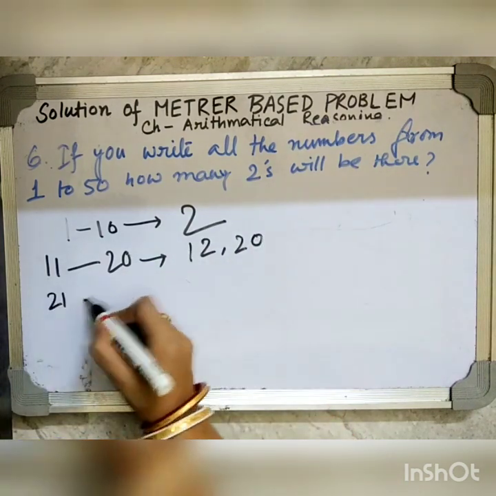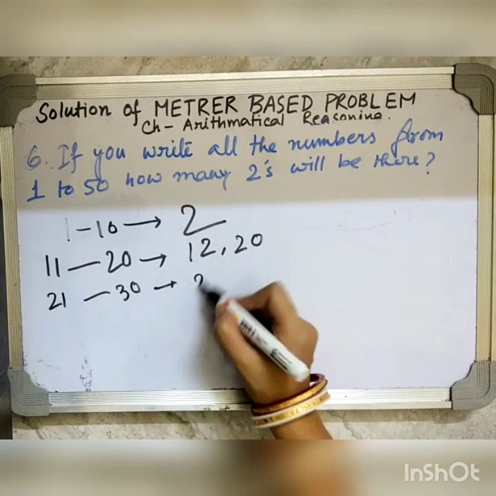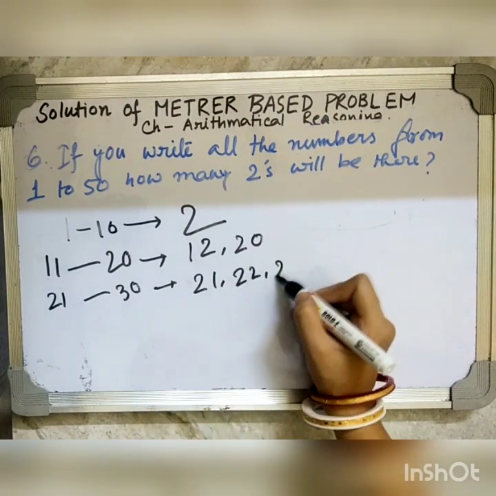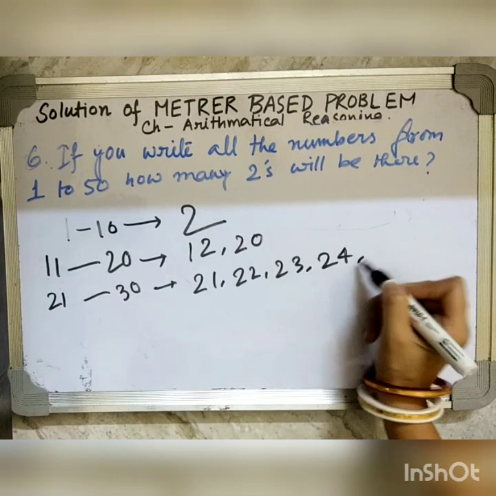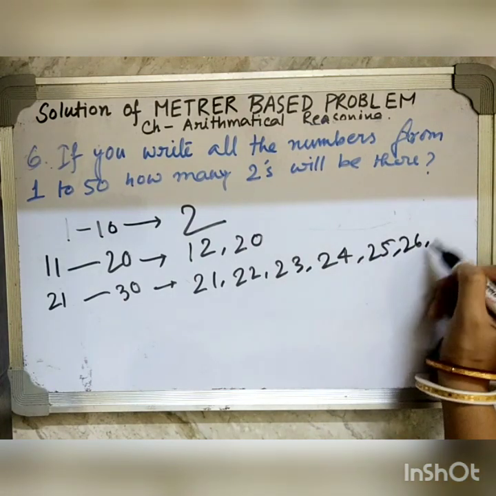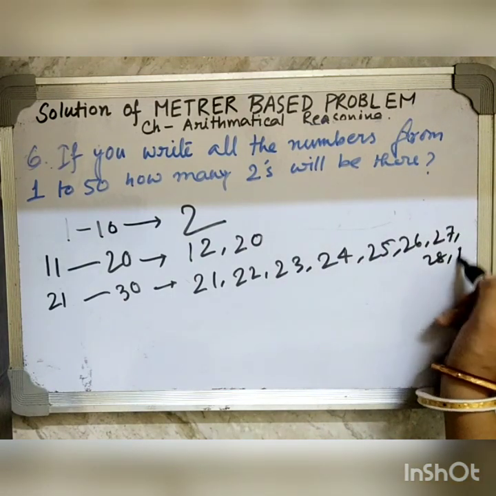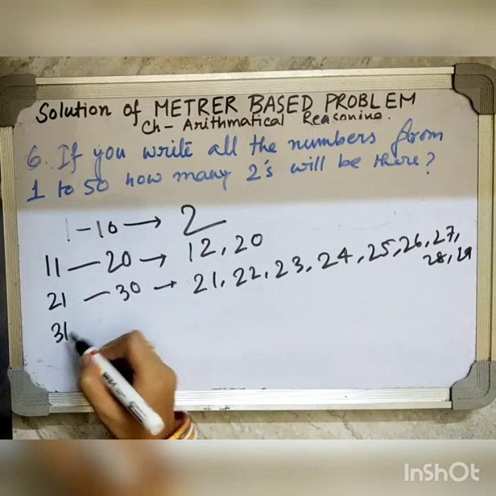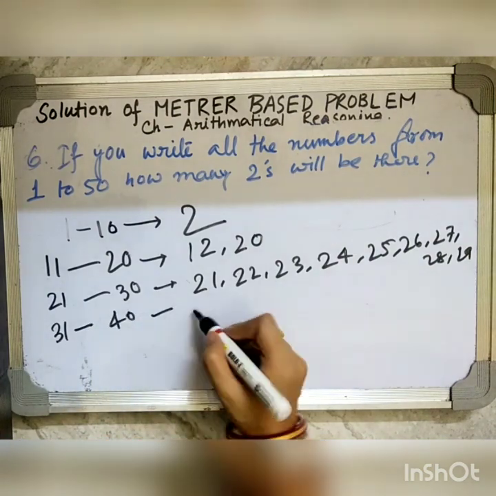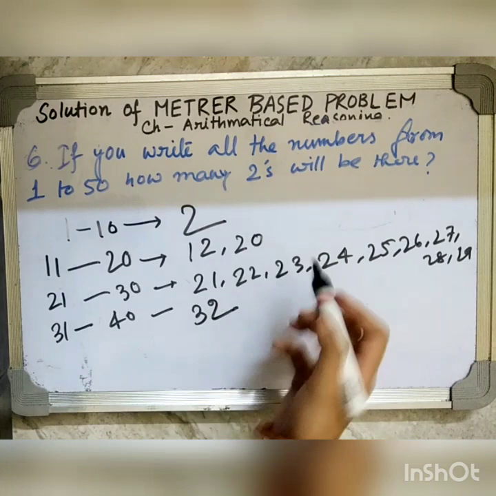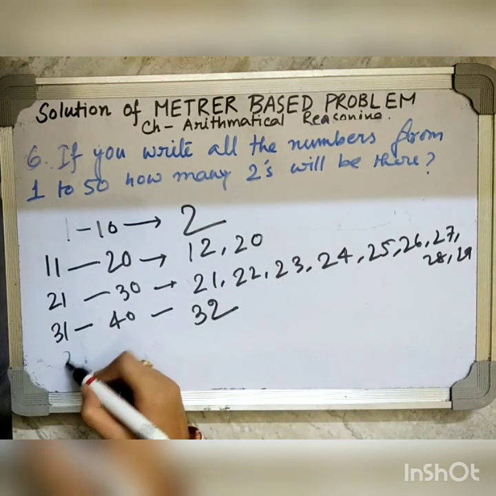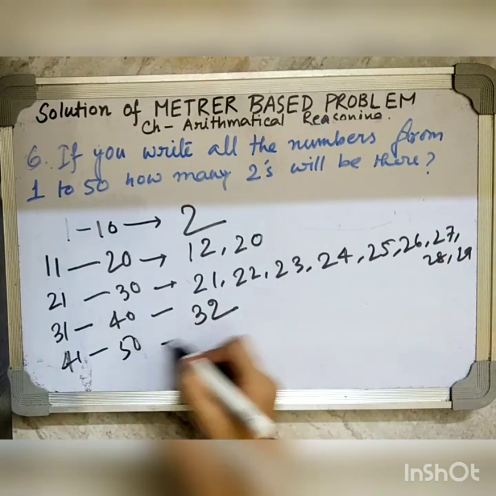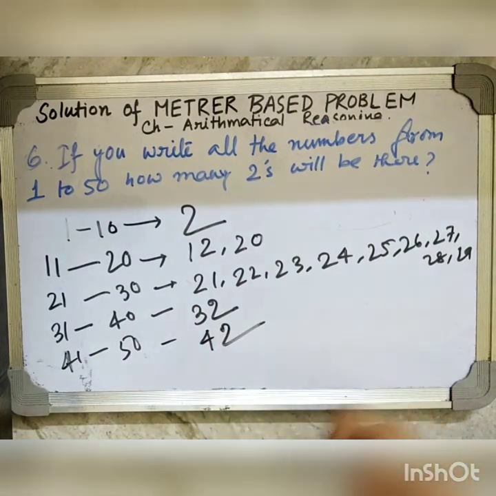From 21 to 30 we are getting 21, 22, 23, 24, 25, 26, 27, 28 and 29. From 31 to 40 we are getting 32, which has 2 in the units place, and from 41 to 50 we are getting only 42. Now just count how many 2's are there.